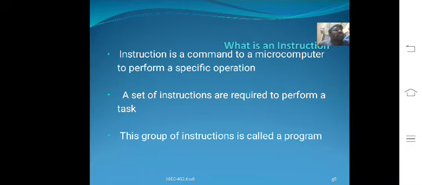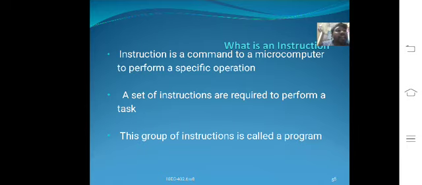That means here a set of instructions is required to perform a task in the microcontroller. This group of instructions is called a program.